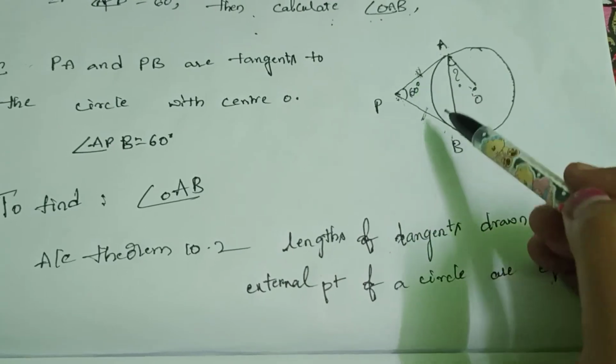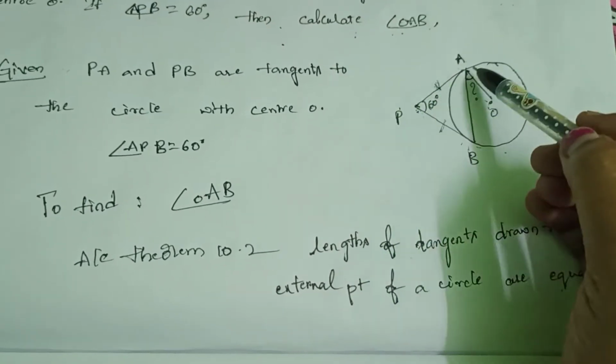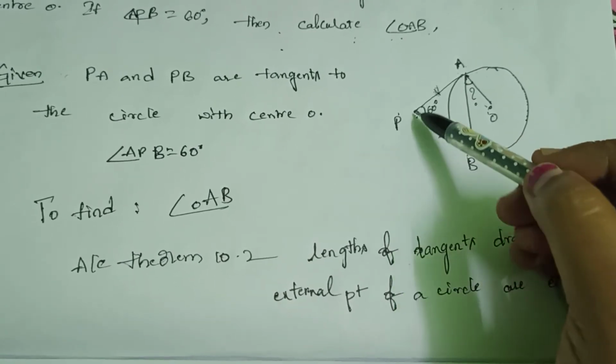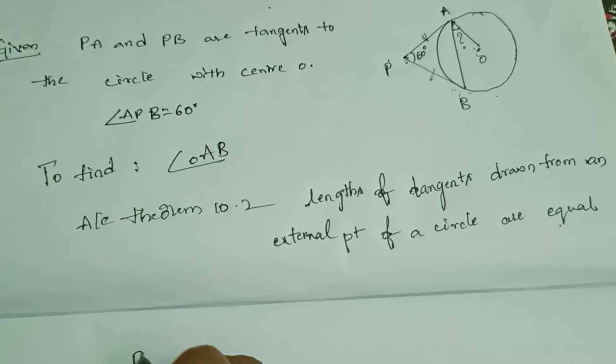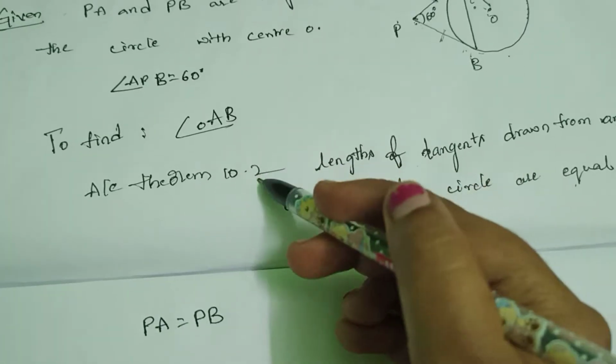So PA equals PB. Here PA and PB are tangents drawn from an external point P, so PA equals PB according to theorem 10.2.